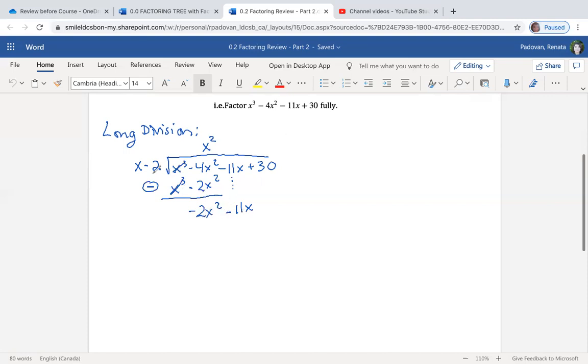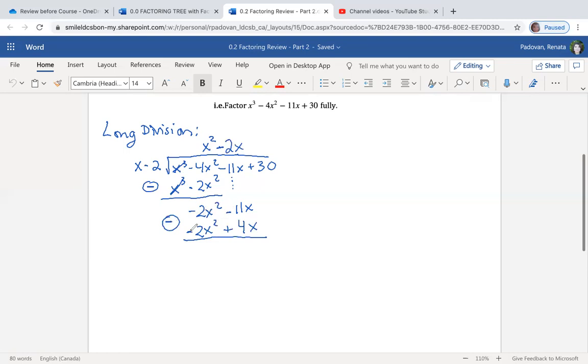Or negative 2x squared divided by 1x would be negative 2x, correct? So then negative 2x goes on top of my long division sign. So x multiplied by negative 2x gives me the negative 2x squared. And then the negative 2 multiplied by negative 2x, negative and negative, give me positive 4x. And again, all the way along, I'm subtracting.